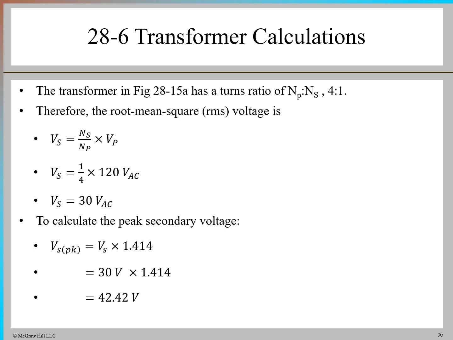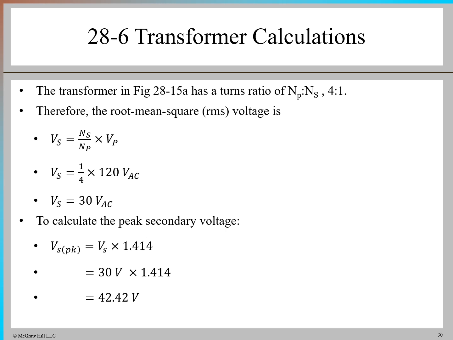The RMS voltage, or root mean square voltage, is 30 volts AC, as measured with an AC meter. To calculate the peak voltage, or V sub S peak, we multiply the RMS value by the factor 1.414. This gives us 42.42 volts as the peak secondary voltage.